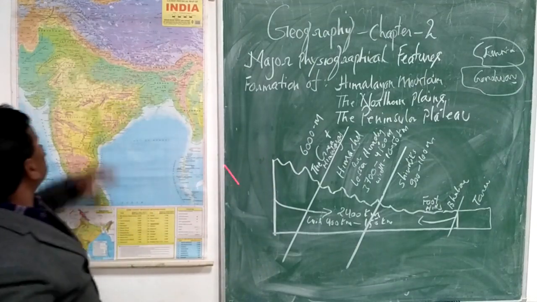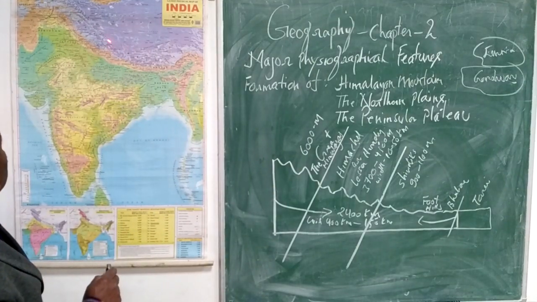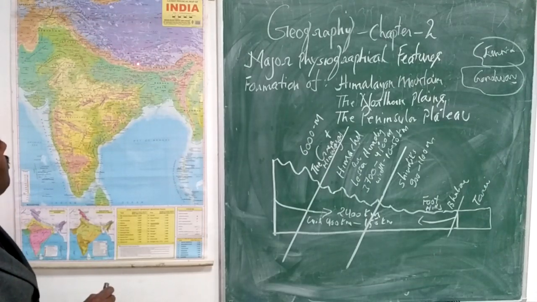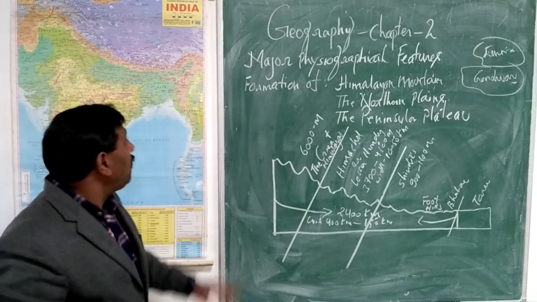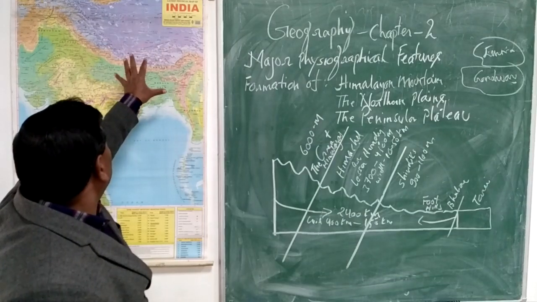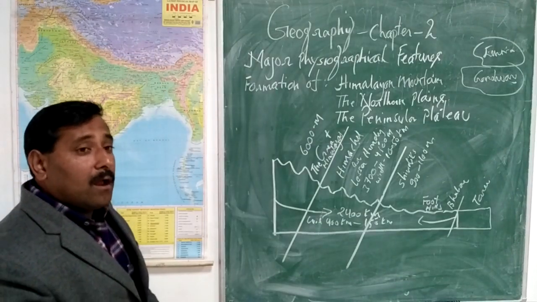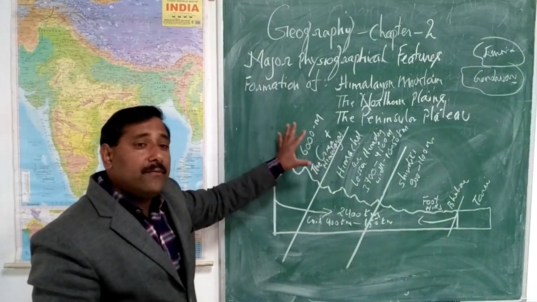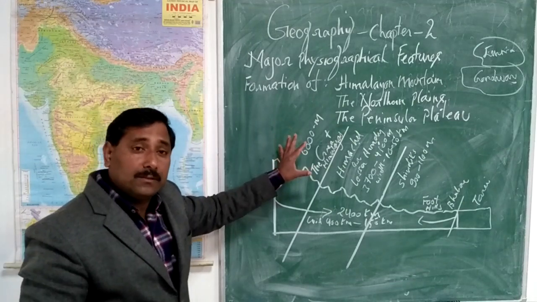If you see the map over here, we have the Karakoram range, we have the Dhauladhar, Pir Panjal range, and some of the highest mountains like Mount Everest, Kanchenjunga, K2, Nanda Devi in Uttarakhand, they all are present here in the Greater Himalaya section, and they are the magnificent and loftiest peaks.